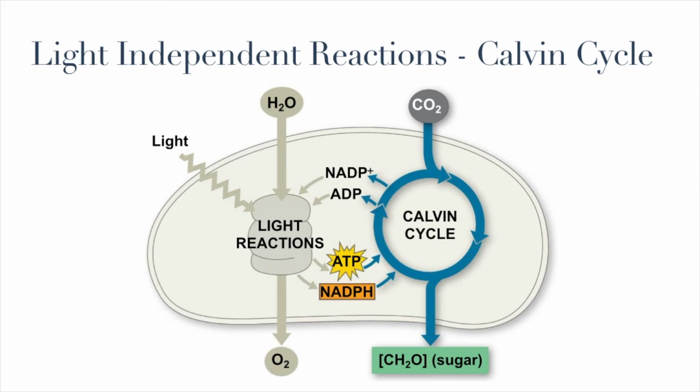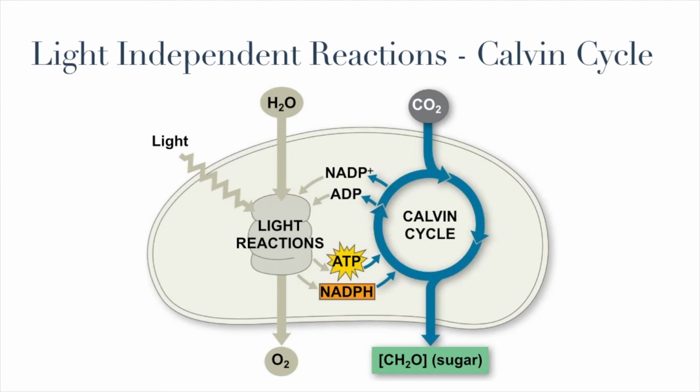So let's take a look at the Calvin cycle then. As we move through the Calvin cycle, I don't want you to worry too much about the structure of the molecules that are part of the Calvin cycle, or even the number of molecules involved in each step. Basically, we're going to divide it up into 3 phases, and I just want you to keep track of what the main purpose is of each of the phases.